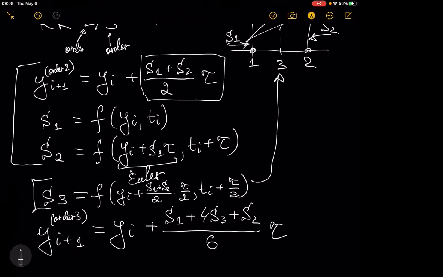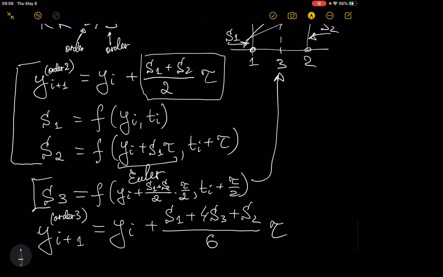Because you're using information from the order 2 method here. Is it clear or not? I think it's clear. Okay.